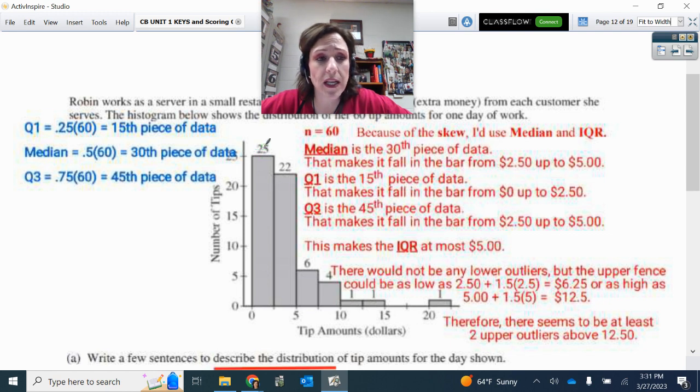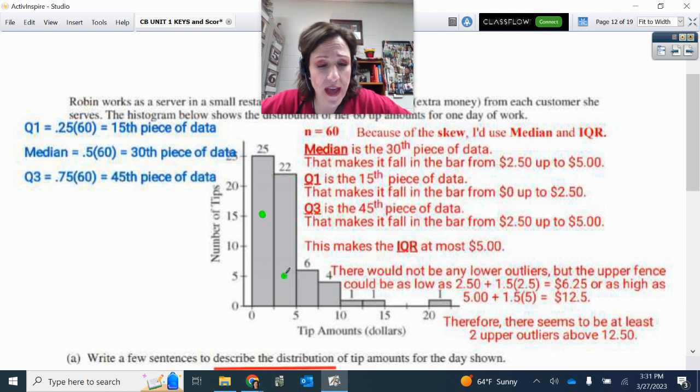Since I have 25 pieces of data in the first bar, the 15th piece of data is right here. So there's where my Q1 is located. My median is the 30th piece of data, so 25 plus 5 more.